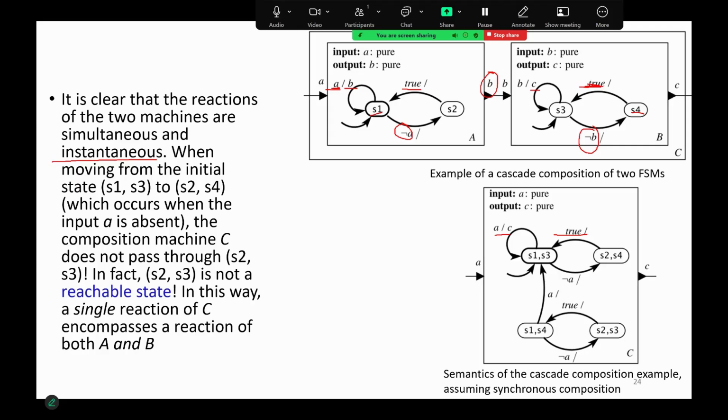He means that you are at S1, S3, and then you would like to go to S2, S4, and you received not A. It happens immediately that you move to S2, S4, because the A is not there, the B is not there, which means this will be executed immediately.